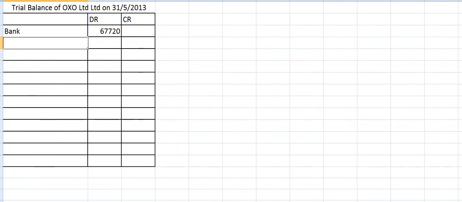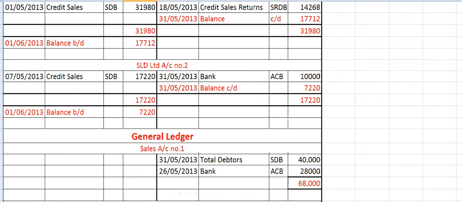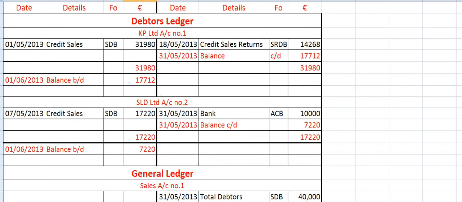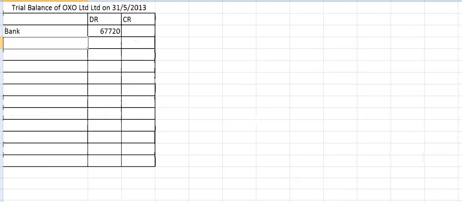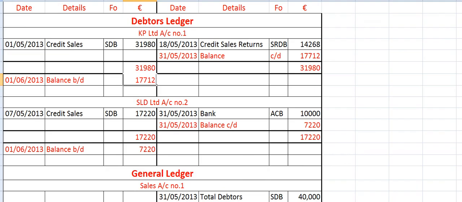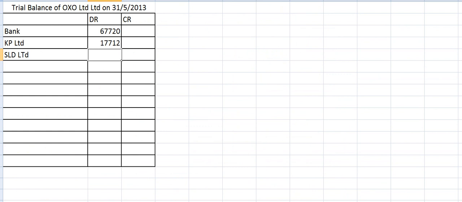Okay. The next accounts I'm going to go to are the ledger accounts. So this KP Limited, it's a debit balance below the line on the debit side, and it's 17,712. That is KP Limited. Then we have SLD Limited, and he's also going to be a debit balance below the line of the debit, 7220. Okay.